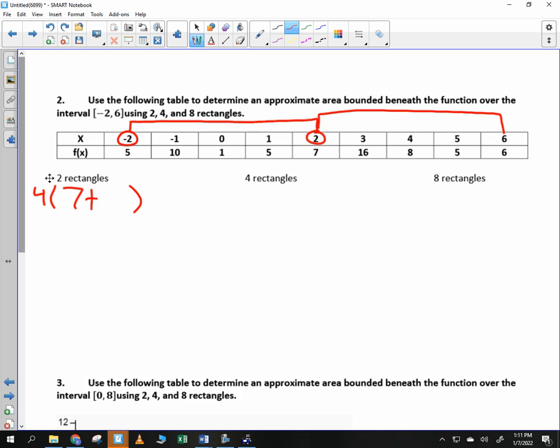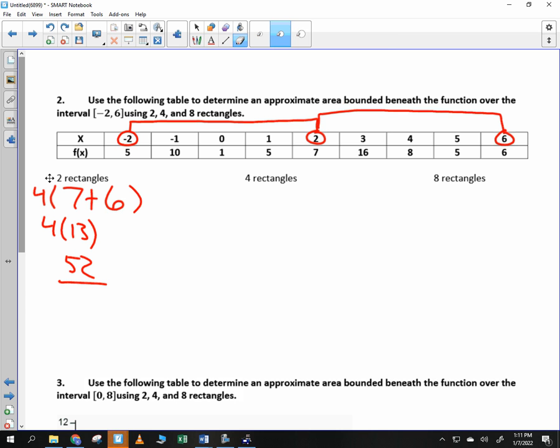This tells you your y values right there. This is your table that you had on your calculator, right? It's just horizontal instead of vertical, right? It's the same thing. And then, where do I evaluate my second height? At 6. What's the output? 6. So I have 4 times 7 plus 6, or 4 times 13 is 52.